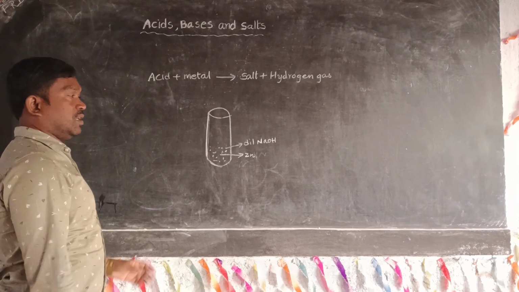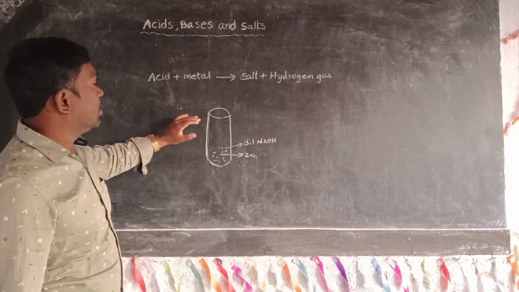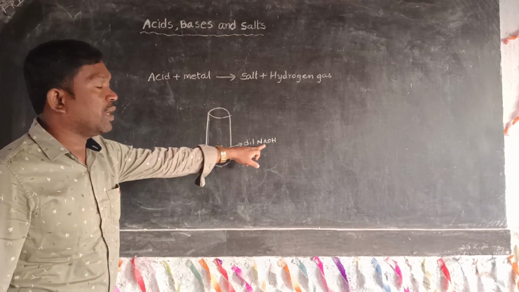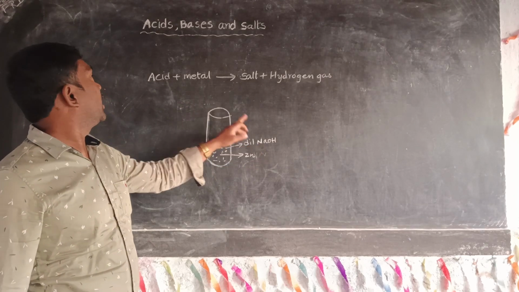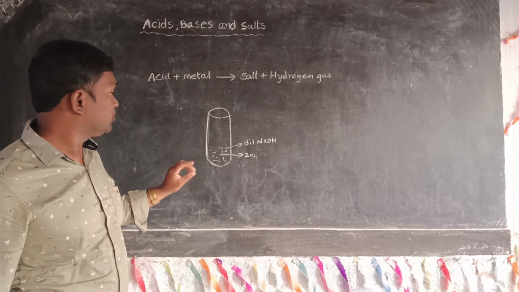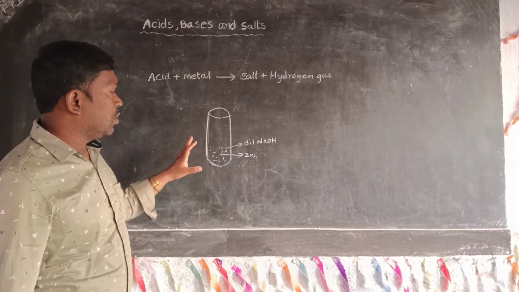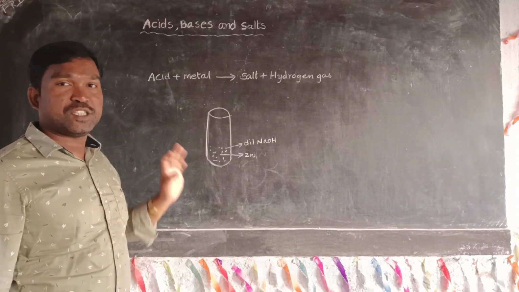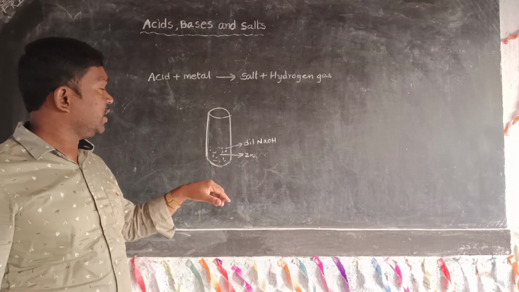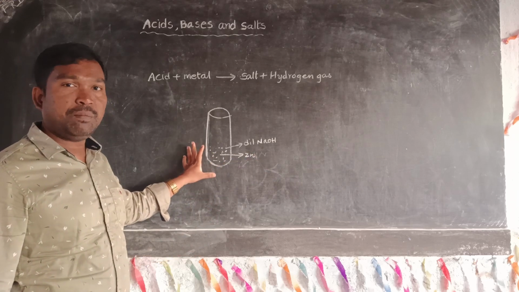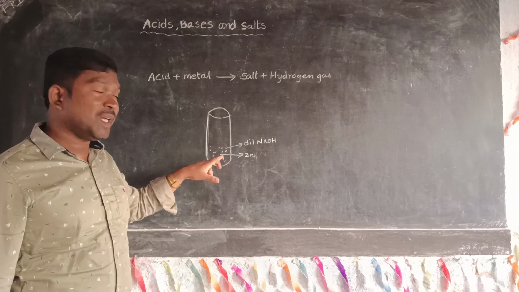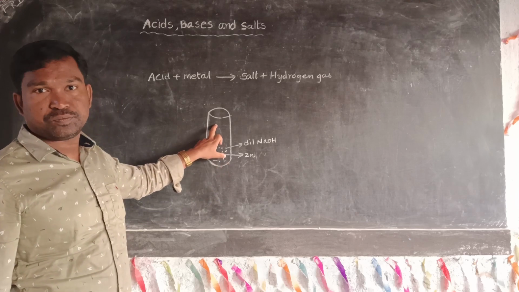Here we use dilute NaOH in place of acid. The previous activity and this activity are the same, but here warm the contents in the test tube.